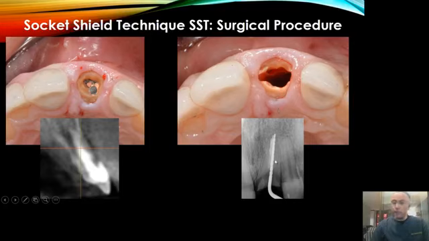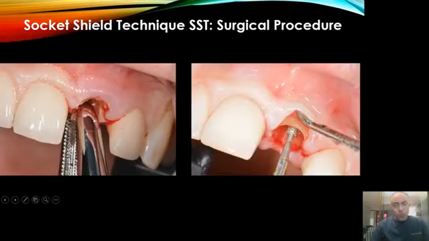We usually do some radiographic control during the separation to make sure we are in the same vertical and mesial-distal dimensions. After separating the tooth into buccal and palatal, we gently remove the palatal aspect of the tooth, and we make sure that we are leaving the buccal aspect, which is going to be the shield down the line, intact in the bone with no mobility.